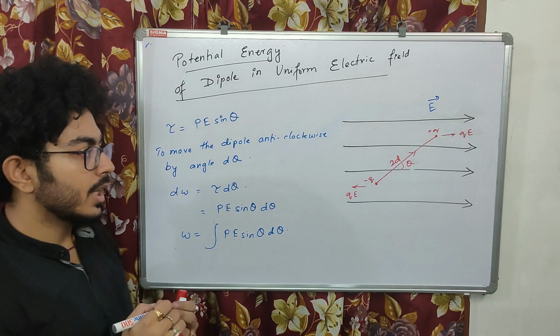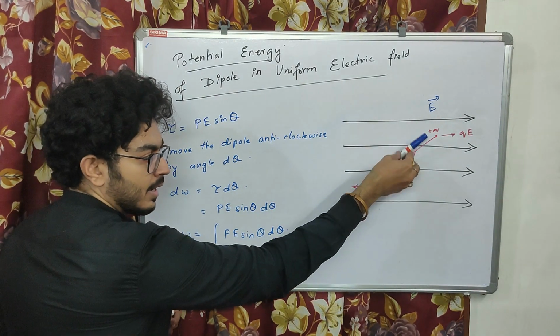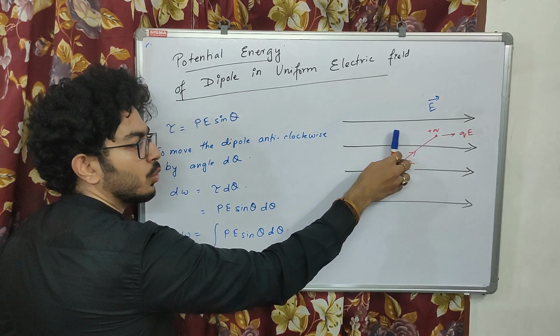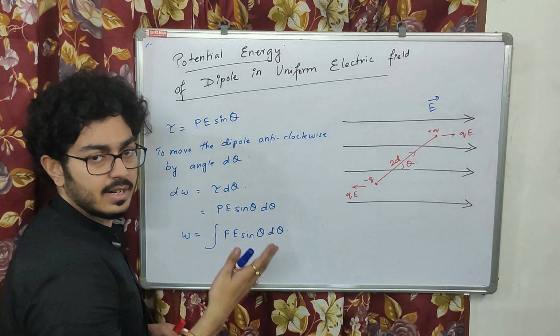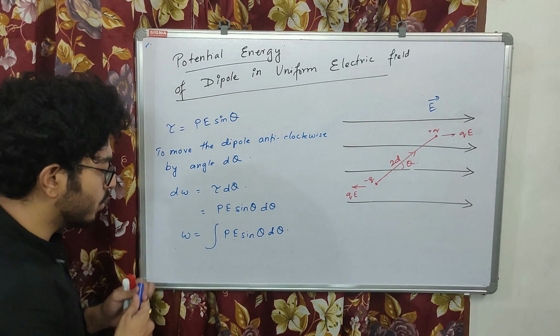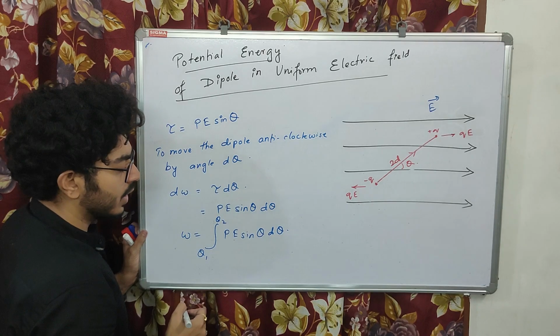So if you rotate the dipole from an initial angle theta 1 to a final angle theta 2, that is, initial inclination let us consider as theta 1 and final inclination as theta 2, then what are you going to get?